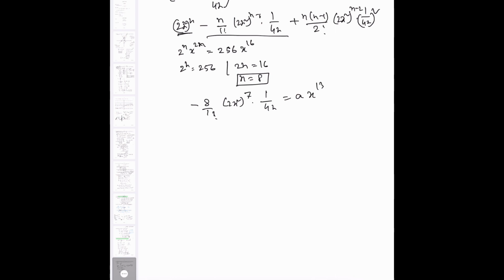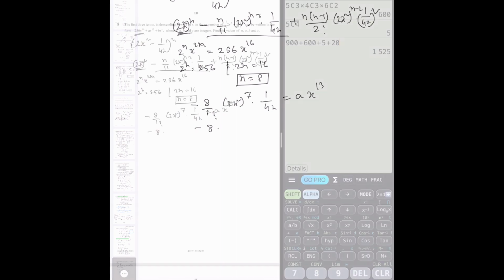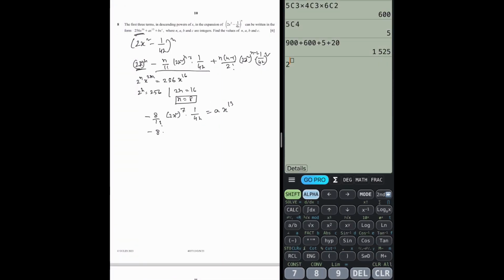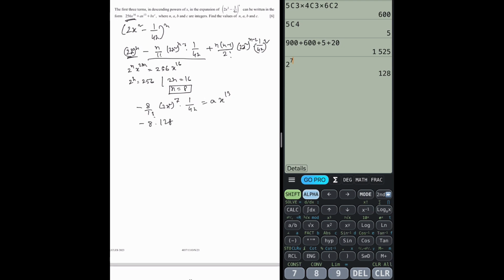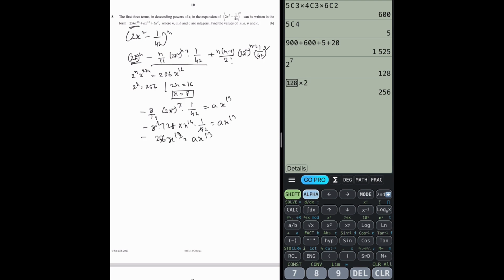Now let me simplify. 2 to the power 7 is 128, so 128 into x to the power 14 divided by 4x equals a x to the power 13. 4 to the 8 into 2, so 256 minus 256. Now x to the power 13 cancels, so a equals minus 251.